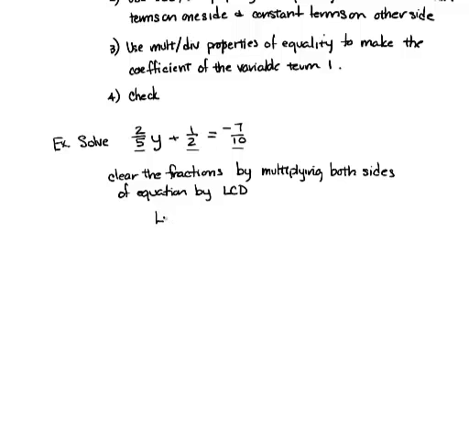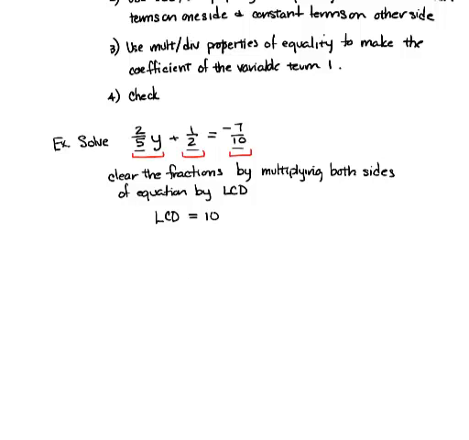In this case, our least common denominator equals 10. So we need to multiply both sides of this equation by 10. How many terms do I have? I have 2/5 y, I have 1/2, and I have negative 7 tenths. Each one of those has to be multiplied by our least common denominator, which is 10.